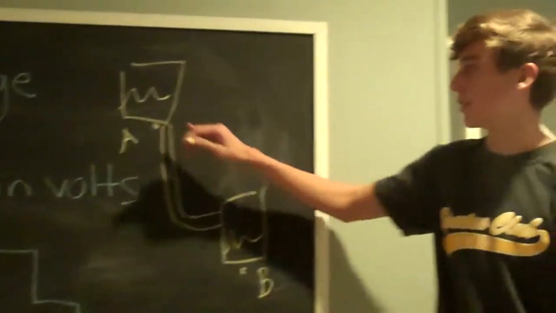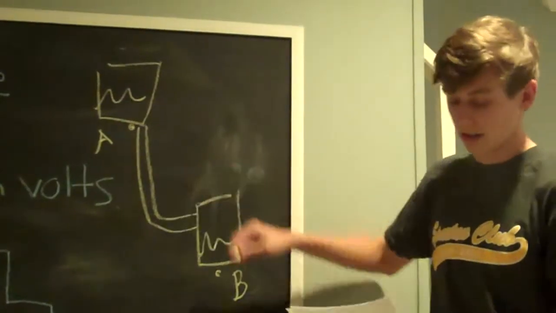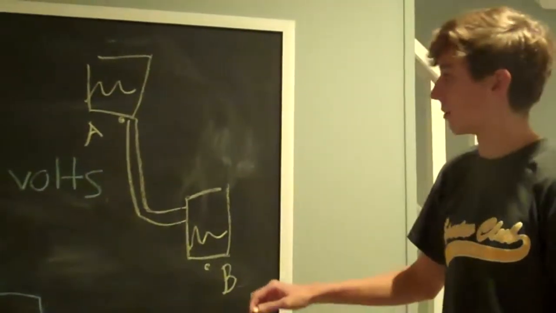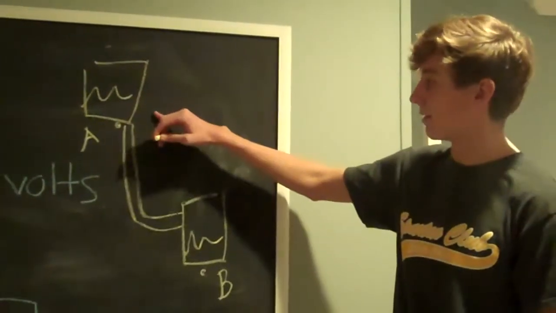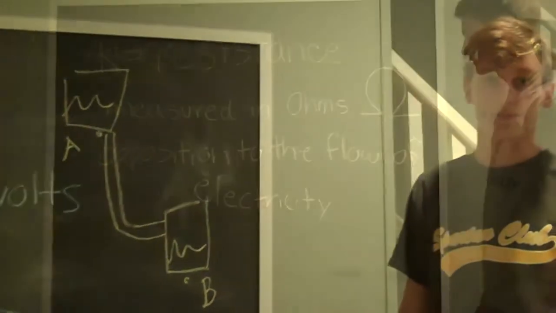Your voltage is the potential for the water to flow from point A all the way down to point B. So your volts is the absolute value of the difference between the positive and negative, your potential to flow between the two points.